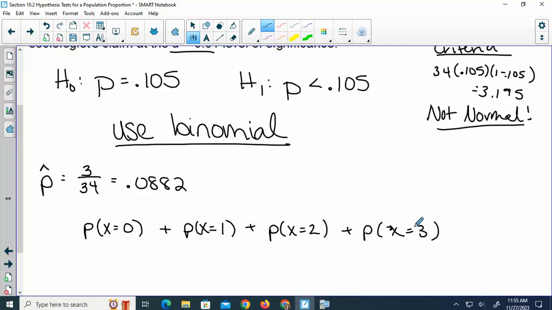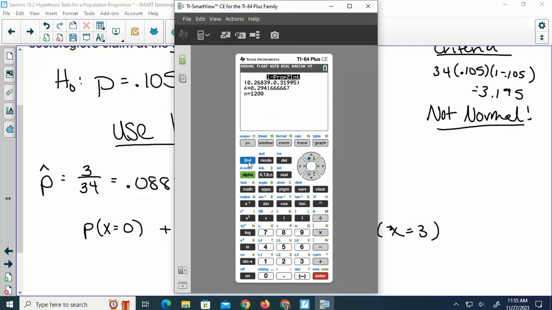No. So we cannot do it from our table, so we have to do the calculator. Okay, so there's actually 2 different options on here. We can do the binomial formula, the n choose x, p to the x, 1 minus p to the n minus x, like we did it before.